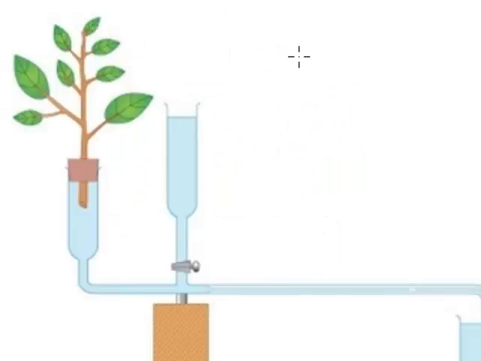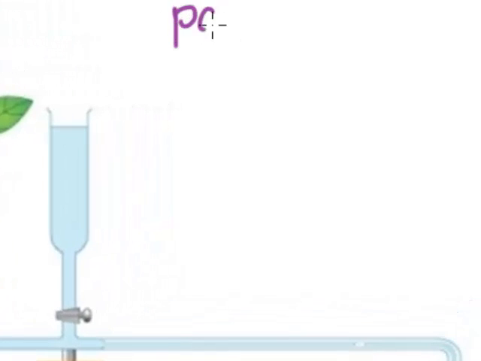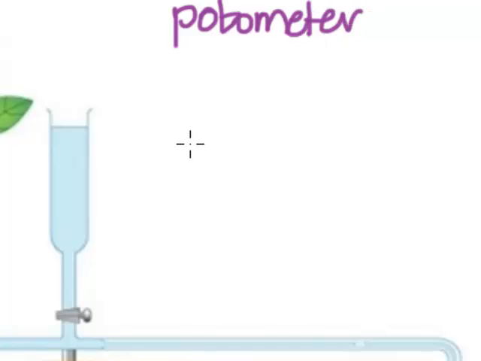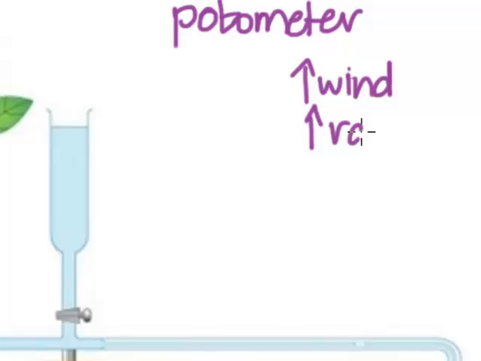Remember our useful piece of equipment that is used to measure the rate of transpiration, the pedometer. We could test this suggestion that increases in wind will result in an increase in the rate of transpiration.